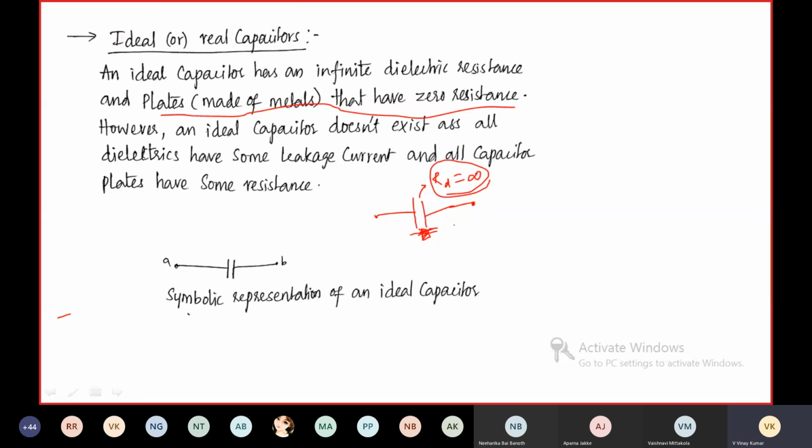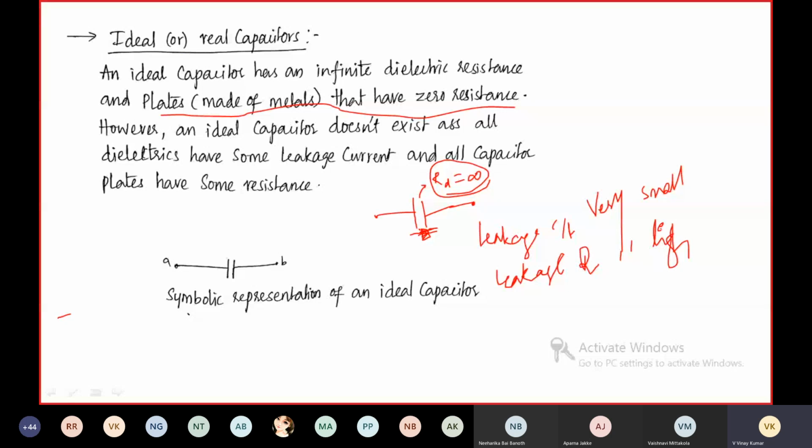The resistance of the dielectric medium is the leakage resistance, and the current flowing through that leakage resistance is leakage current. Leakage current is very small, as leakage resistance is very high.